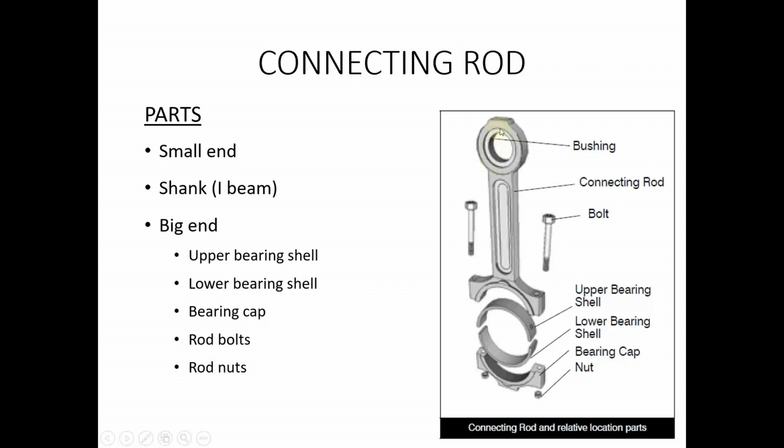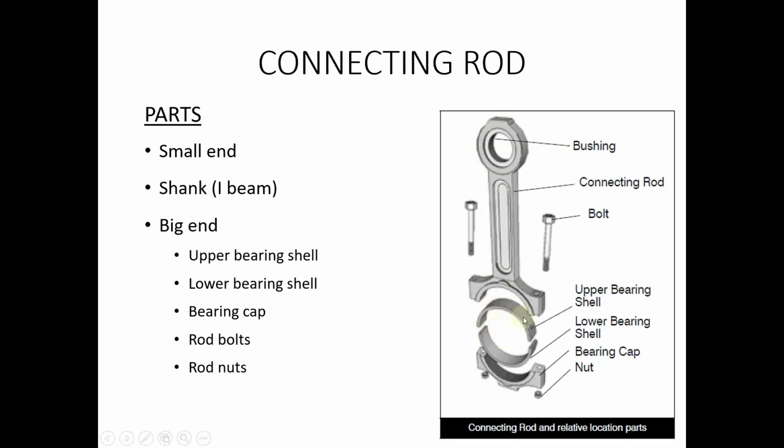So we have a pivot joint here with the piston, then the connecting rod shank, that is this portion, and the top end or the upper end of the big end is integrated with the shank. So this much portion is one single piece.